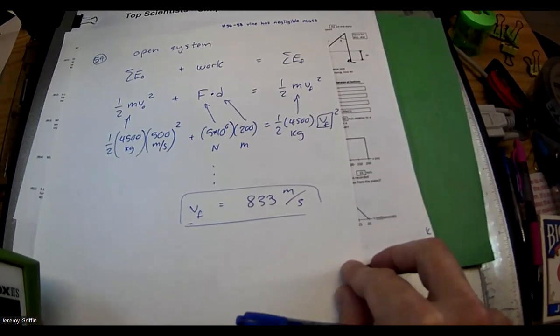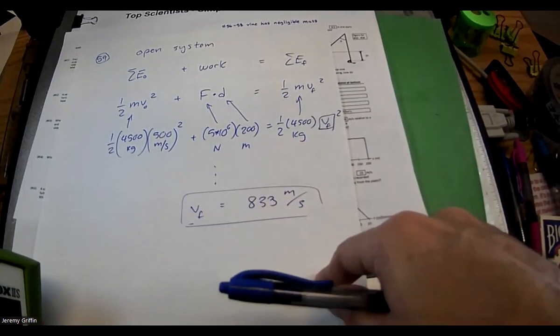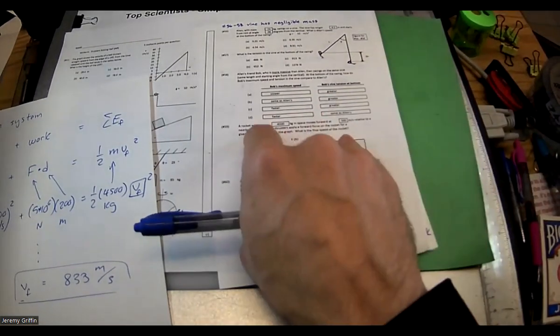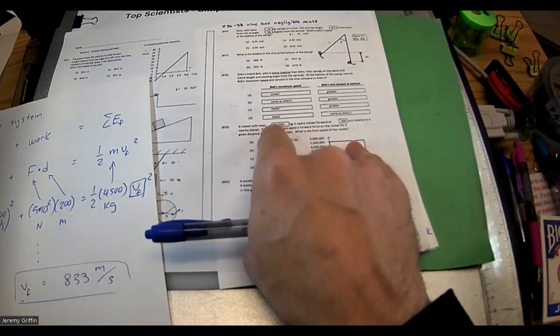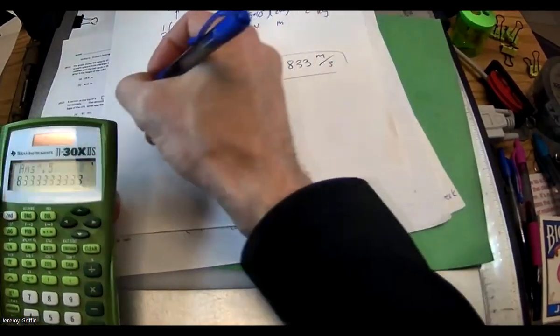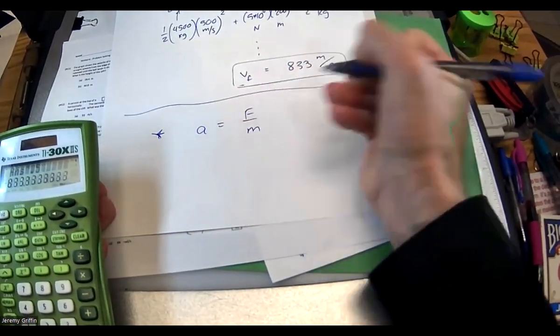Now, there was an alternate way you could have done this. You could have treated this whole thing as a unit 2 problem with forces, dynamics, acceleration. So you say, well, if I've got this force acting on this mass, I could calculate the acceleration. And then I could go back to unit 1 right here. So step 1 would have been acceleration as a force acting on a mass.